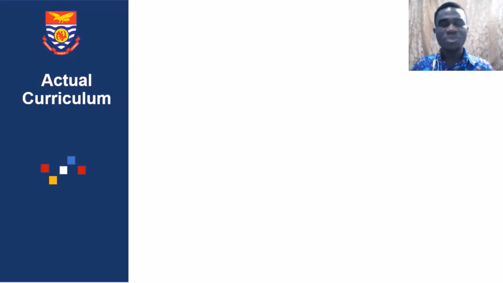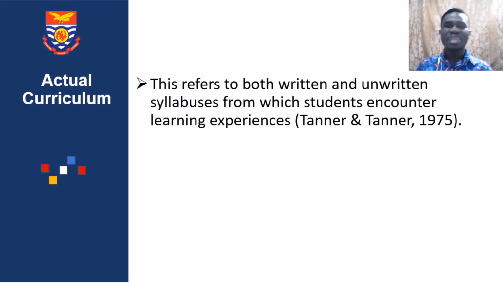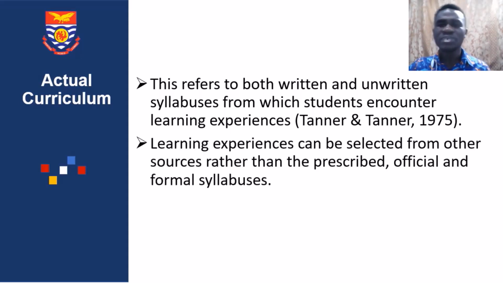Now let's look at what we call the actual curriculum. This refers to both written and unwritten syllabuses or syllabi from which students encounter learning experiences. This is according to Turner and Turner, 1975. So these learning experiences can be selected from other sources rather than the prescribed, official, formal syllabi.